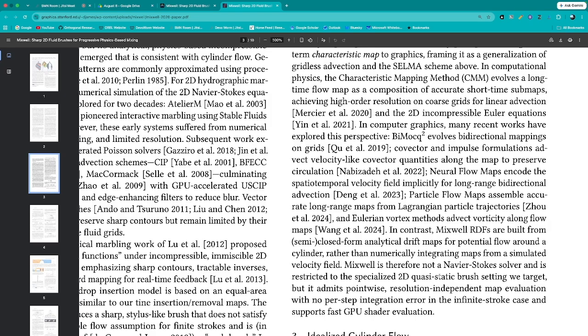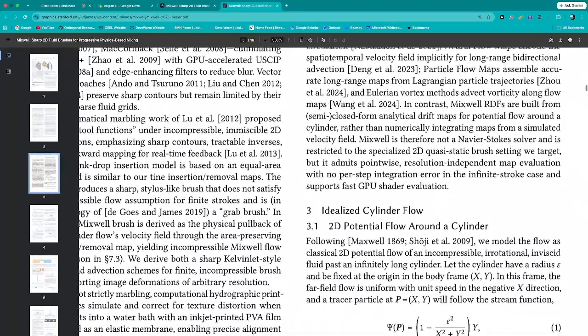Mixwell is therefore not a Navier-Stokes solver and is restricted to the specialized 2D quasi-static brush setting we target, but it admits pointwise resolution-independent map evaluation with no per-step integration error in the infinite stroke case and supports fast GPU shader evaluation.